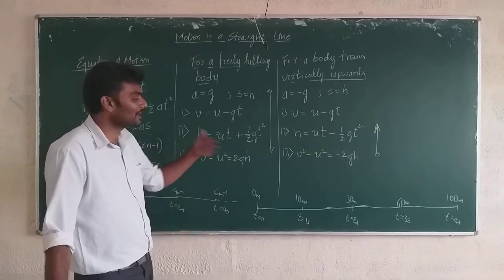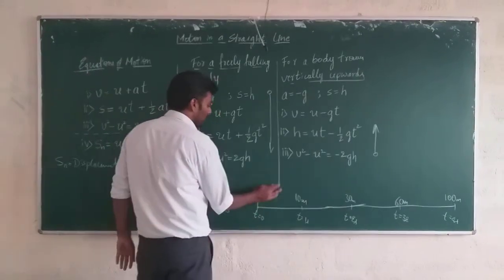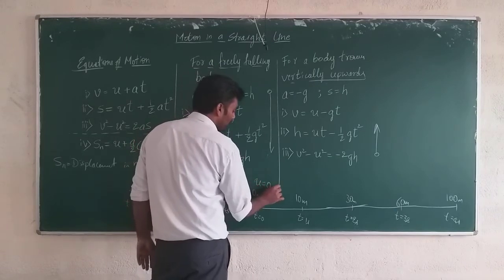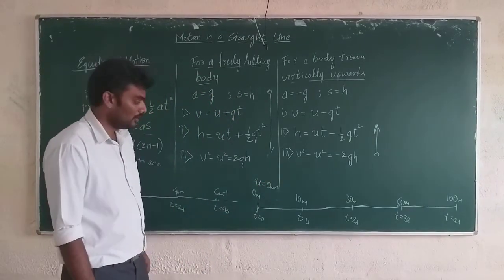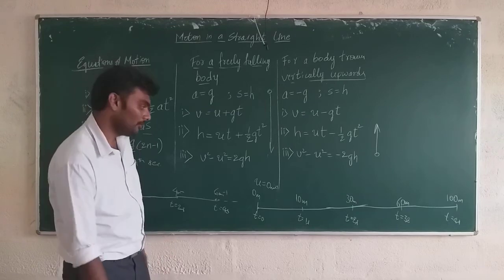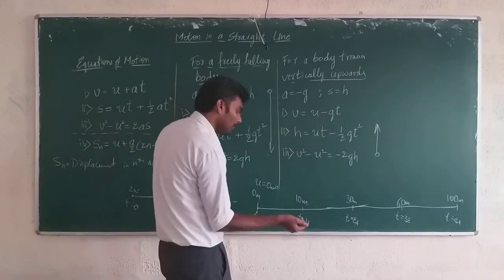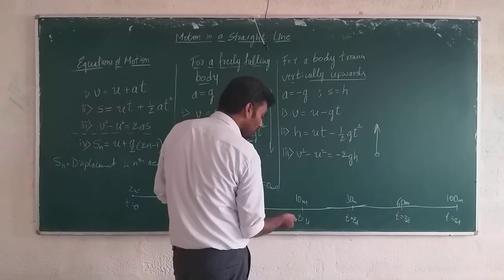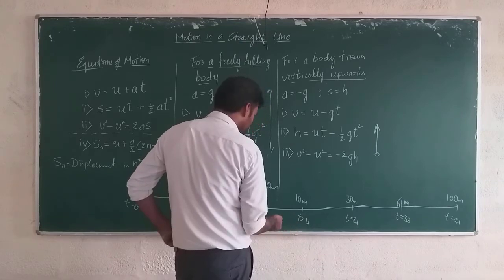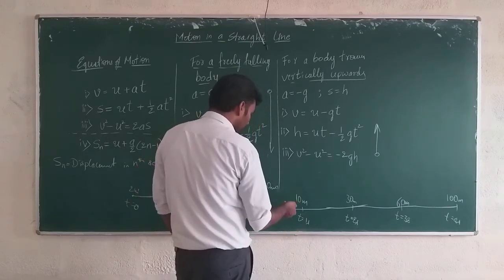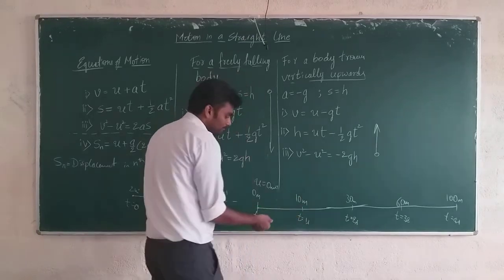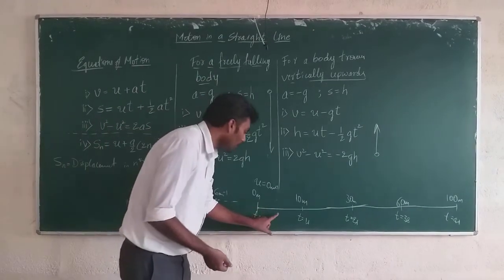But if we are given it generally, like let the body start from rest, which means the initial velocity is 0 meter per second, with an acceleration, let me take it as 2 meter per second square. Here the velocity is increasing.